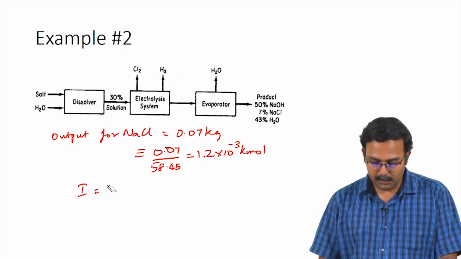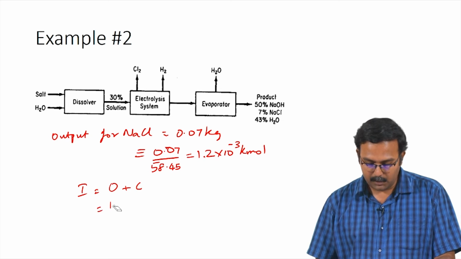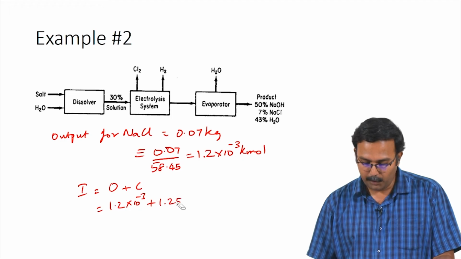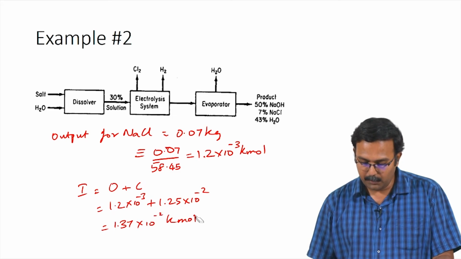So, your input is equal to output plus consumption, which is 1.2 times 10 power minus 3 plus 1.25 times 10 power minus 2, giving you 1.37 times 10 power minus 2 kilomoles being fed.